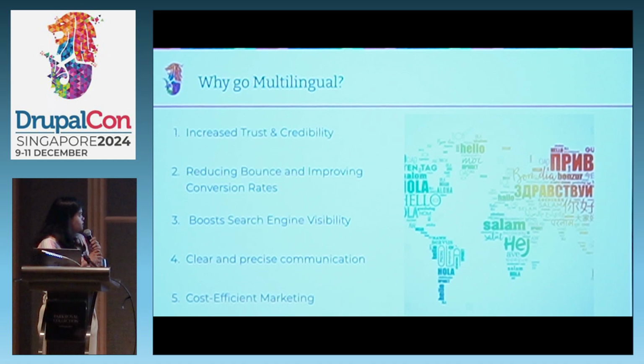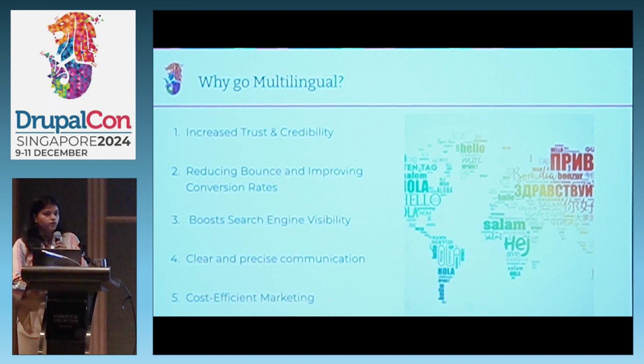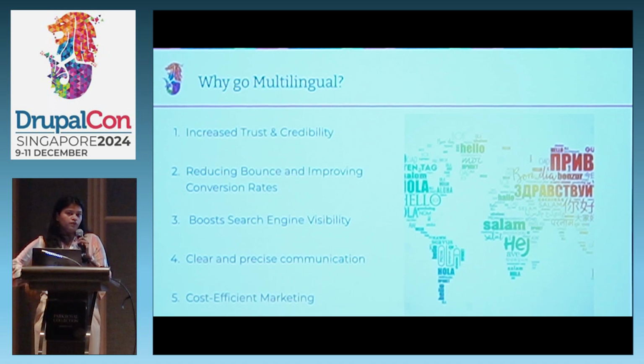The third point is boosting search engine visibility. If you have your website translated into different languages, this helps in the visibility on search engines in different parts of the world and in different languages when the user is trying to search for something.